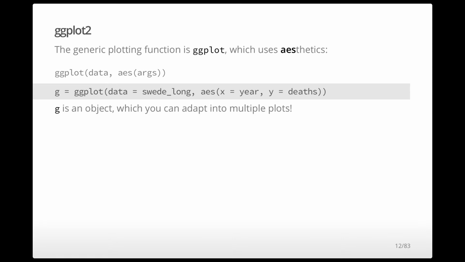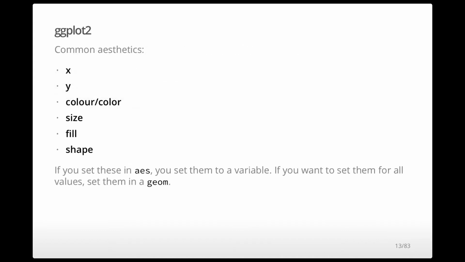So g is an object which you can adapt into multiple plots. This just sets it up. It just says, this is the data I'm using. And then, when we want to add other things, we just add on layers on top of that. So we can say, I want that as my baseline x and y, let me add points. You're like, well, I don't like that. Let me add lines. Let me add lines and points.